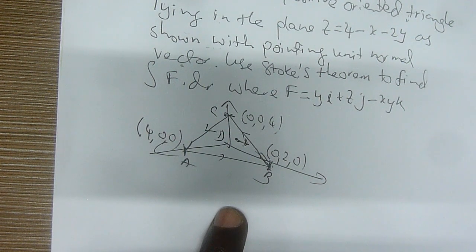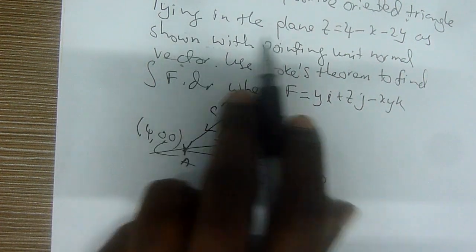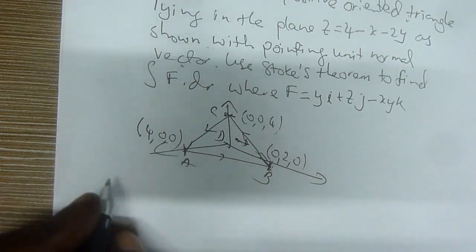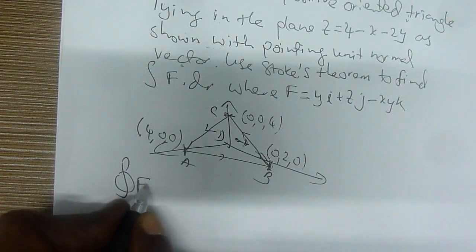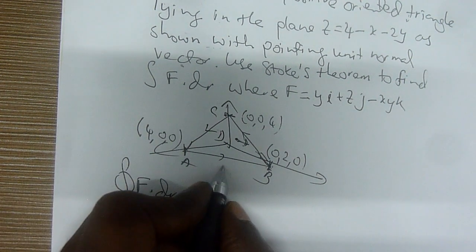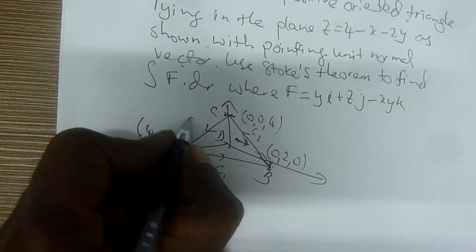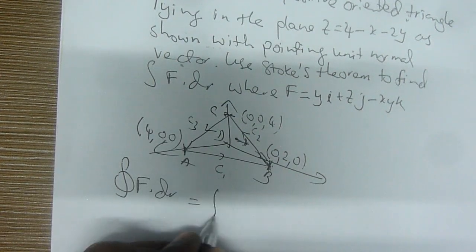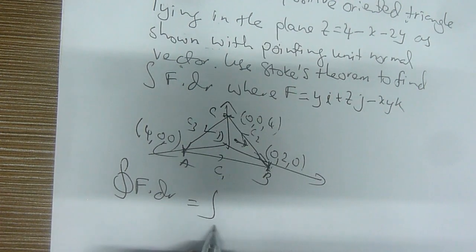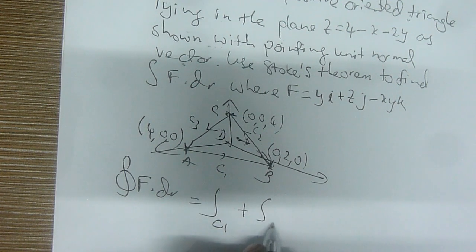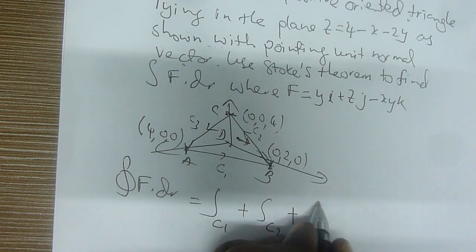In order to calculate this, first of all, you can use the line integral of F dot dr, and you call it C1, C2, C3. You calculate C1, you calculate C2, you calculate C3.